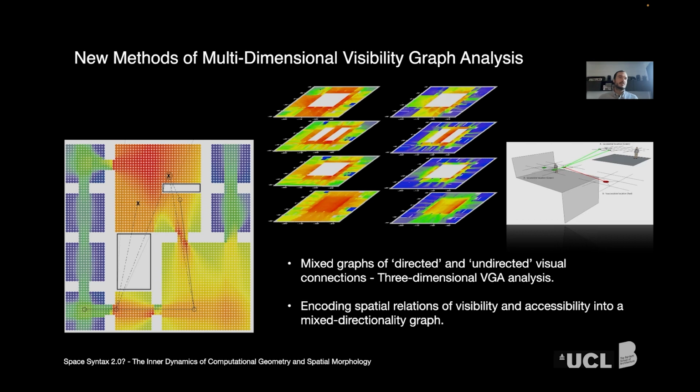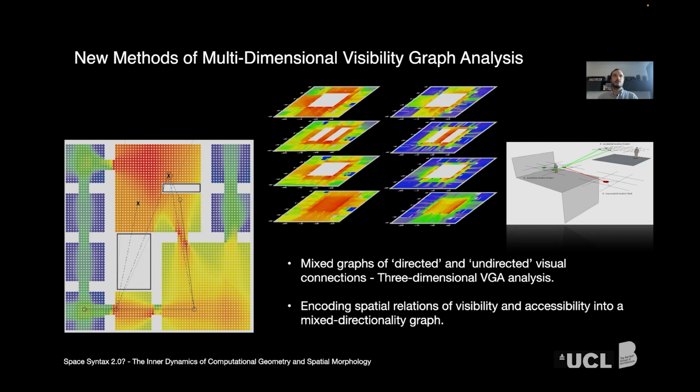This is how I became familiar with the work of the Space Syntax Lab at UCL. I joined the lab 13 plus years ago full time, and my personal focus is on developing new theories and methodologies for the computational analysis and synthesis of space.